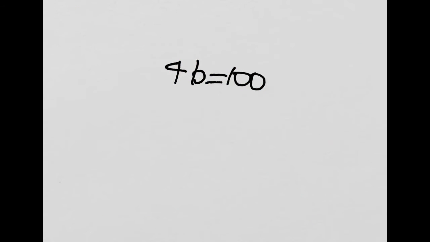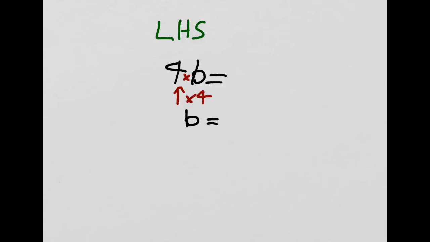Now let's have a look at this equation. 4b equals 100. Again, the name of the game is to find out the value of b. What is b equal to? Focusing on the left-hand side, we remember that 4b means 4 times b. So to get from b to 4b, we have to multiply by 4.